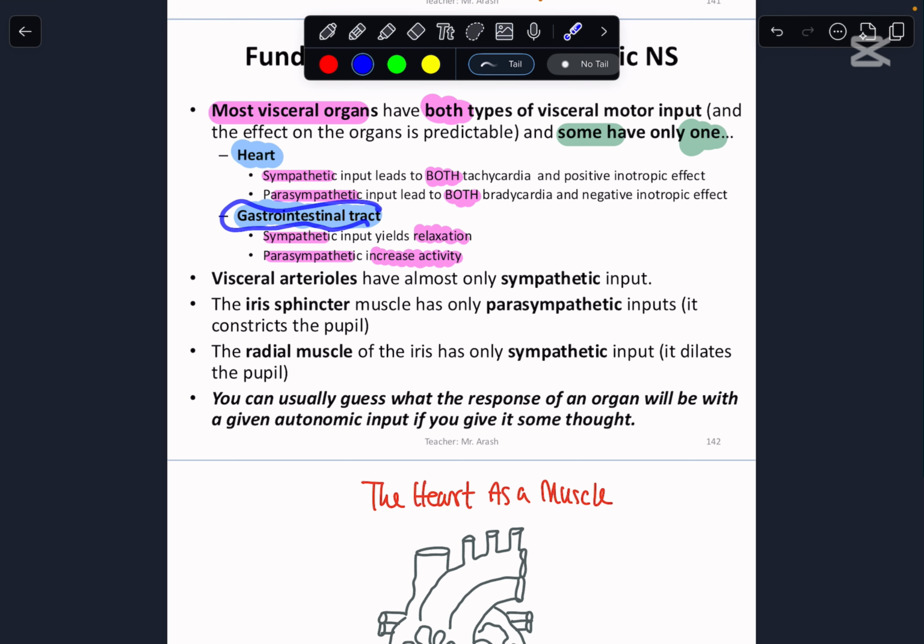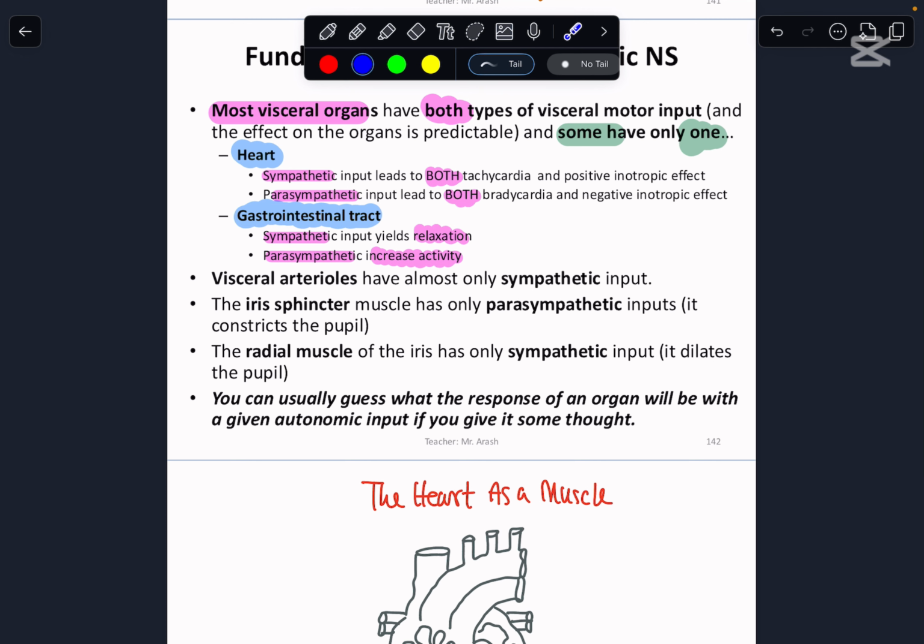By the same token, if you're super active and running around, you're not going to have time to sit down and have a nice lunch because you're stressed and hyped up. So your sympathetic nervous system slows down or relaxes the gastrointestinal tract, your digestive system.